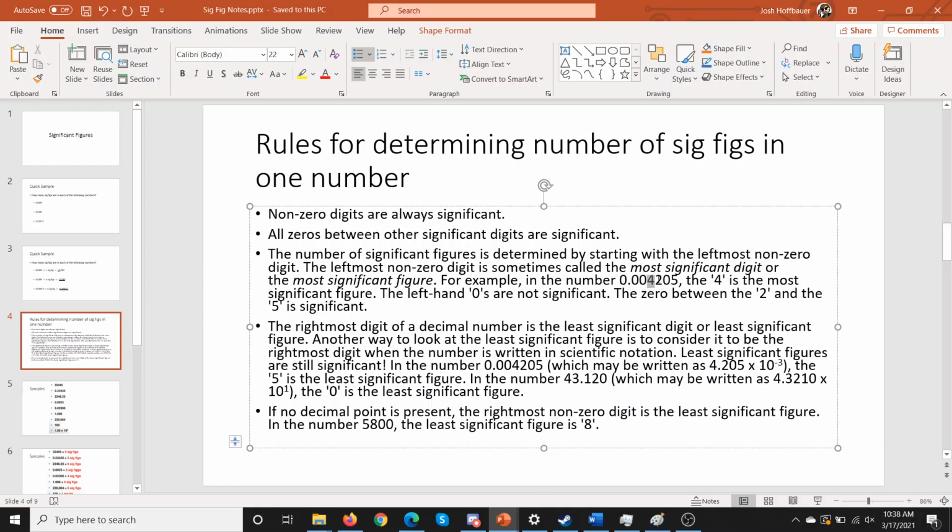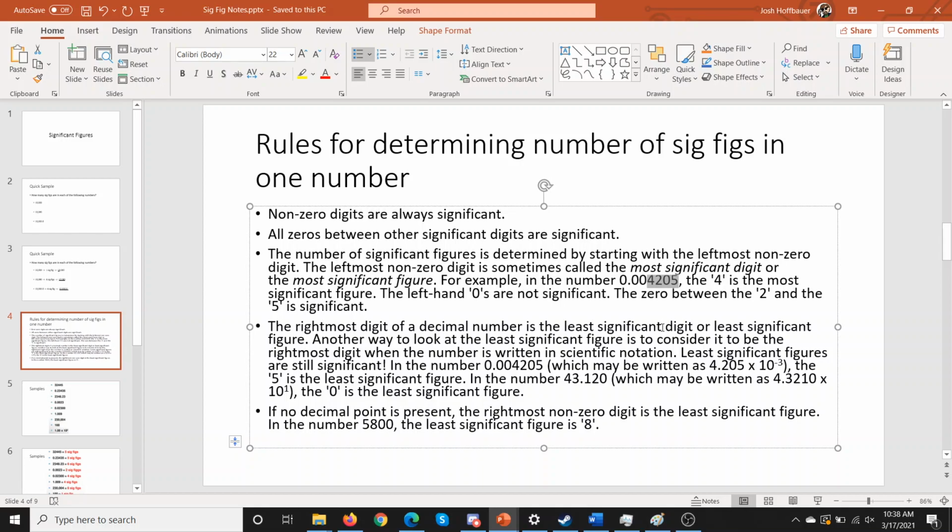So we consider this 4 to be the first significant digit, and all of the significant digits need to follow it. They can't precede it. So the 4 is the most significant digit here. The 2 and the 5 are automatically significant because they're not zeros, and the 0 between them counts as significant as well. So it's important to note that only these 4 digits here are significant based on these rules.